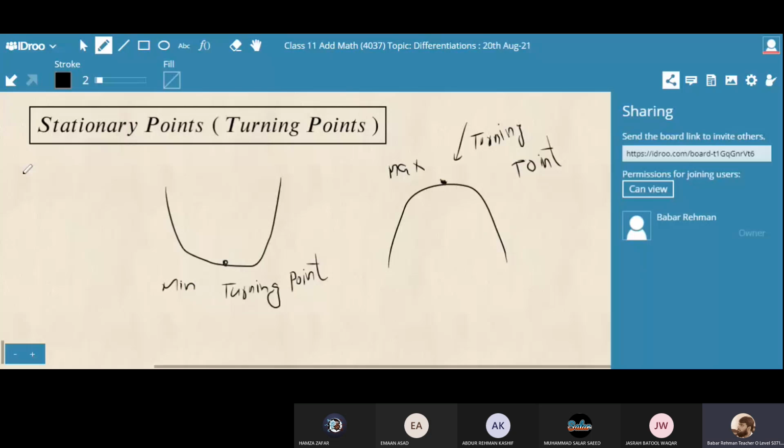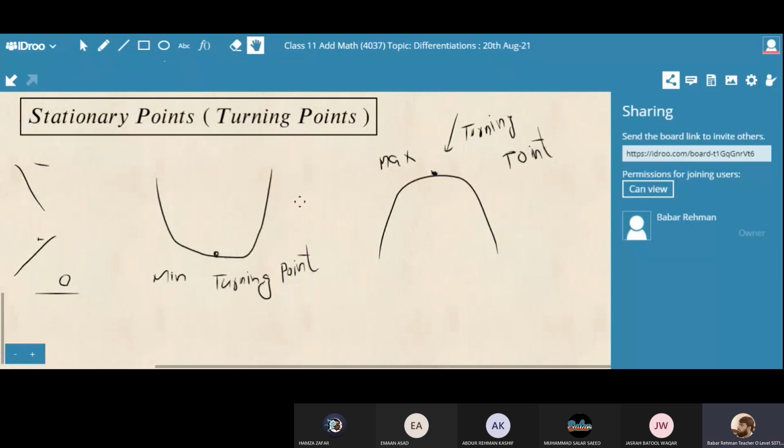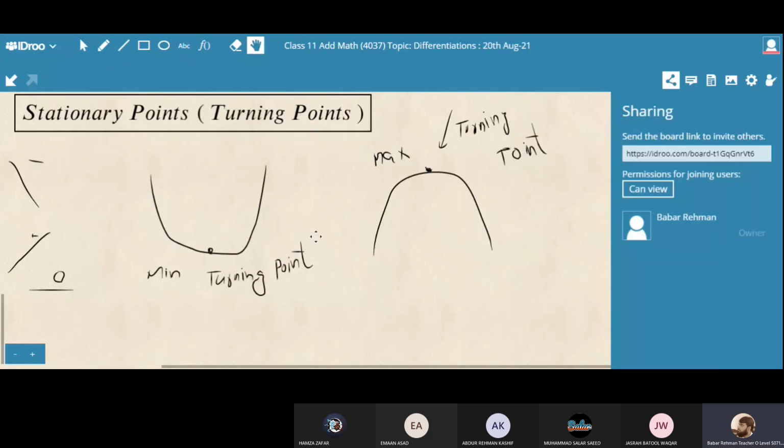This line is having negative gradient, this line is having positive gradient, and this line is having zero gradient. So on turning point the gradient is zero. Please note down, this is very important point. On turning point, whether it is minimum or maximum, gradient is zero.